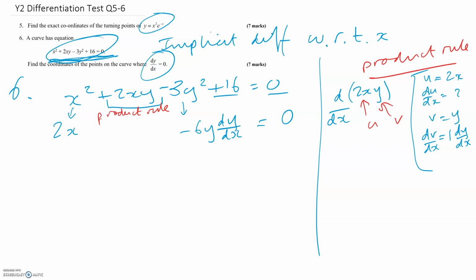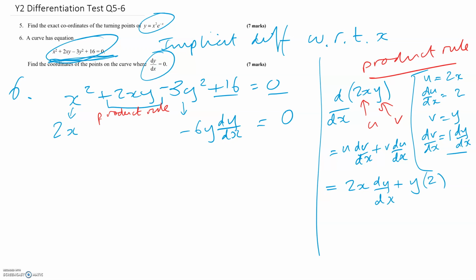So let's now stick that into the product rule. u dv by dx plus v du by dx, and that will give us 2x. dv by dx is this, which is dy by dx, and then we've got to add y. du by dx is 2, so that's just going to give us a 2y.